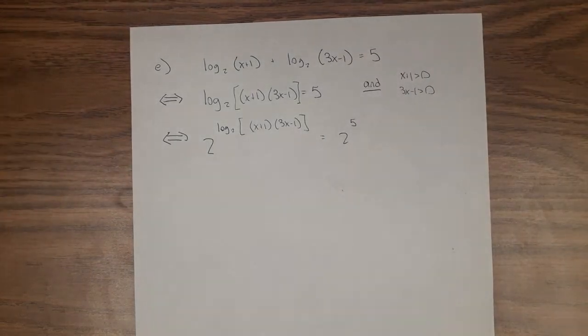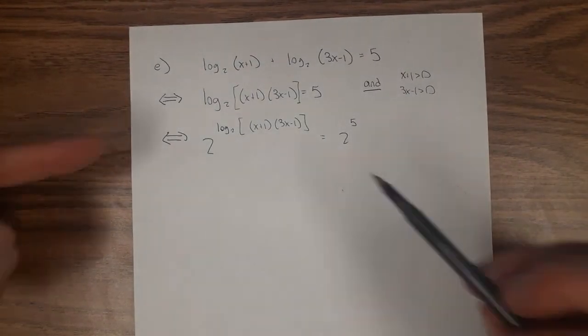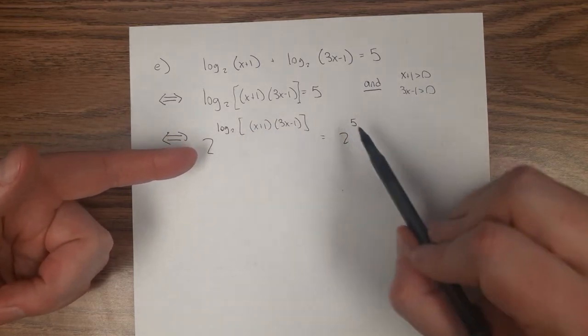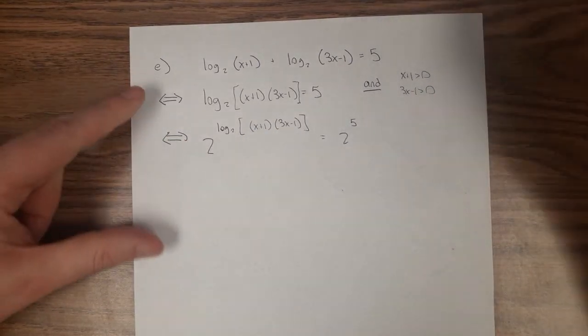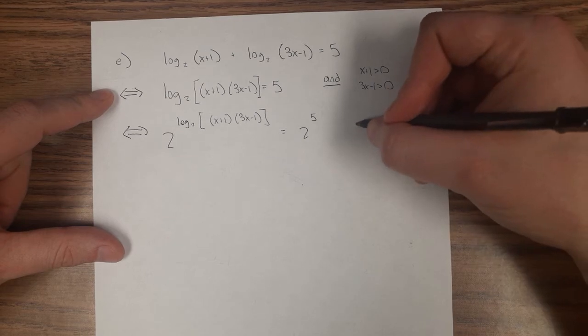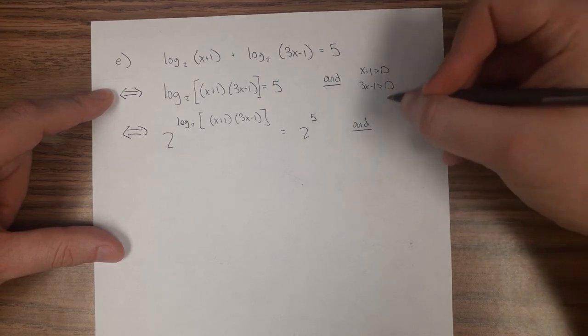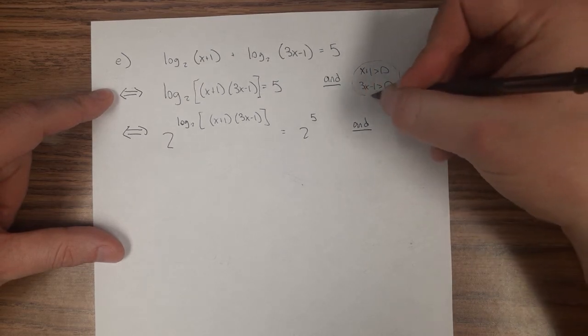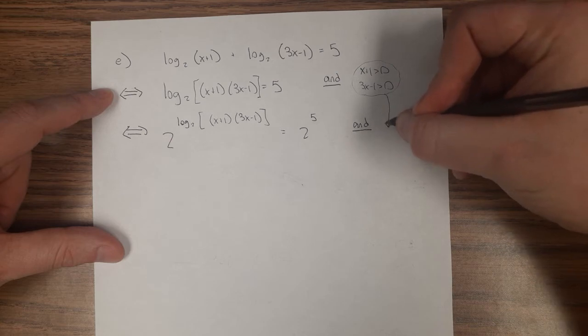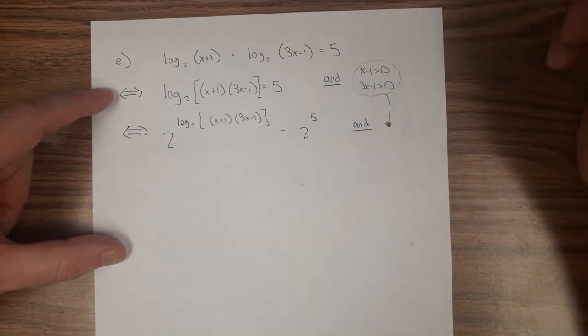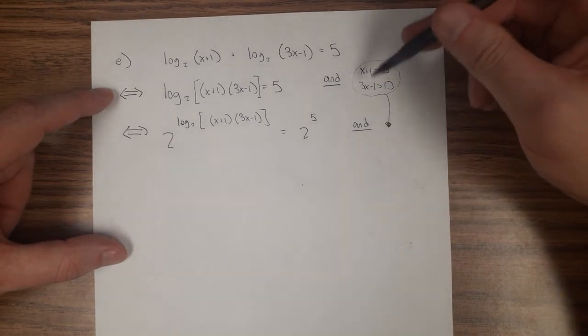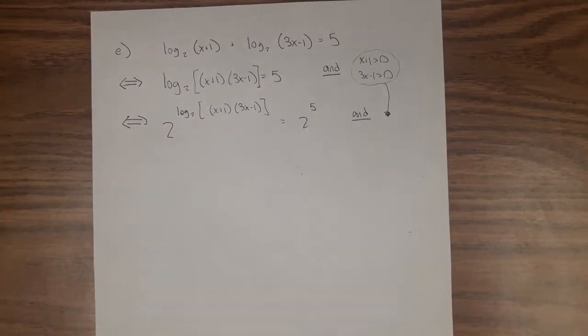So I applied the function 2 to the x to both sides. So I've got 2 to the this power and 2 to the that power. This is all still assuming that these numbers that I was originally doing logarithms of are positive.